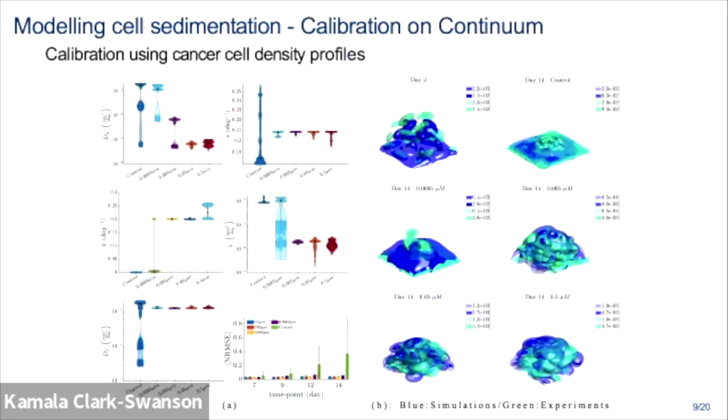At day 2 they are in control conditions, at day 14 they go to the bottom, and as we increase the treatment dose, we see that they maintain elevated positions. The posterior distributions of our parameters are also consistent with what we would expect from the effect of the treatment. For example, the diffusivity D_u on the top left and chi, the advection constant, are consistent. They inhibit this kind of migration.